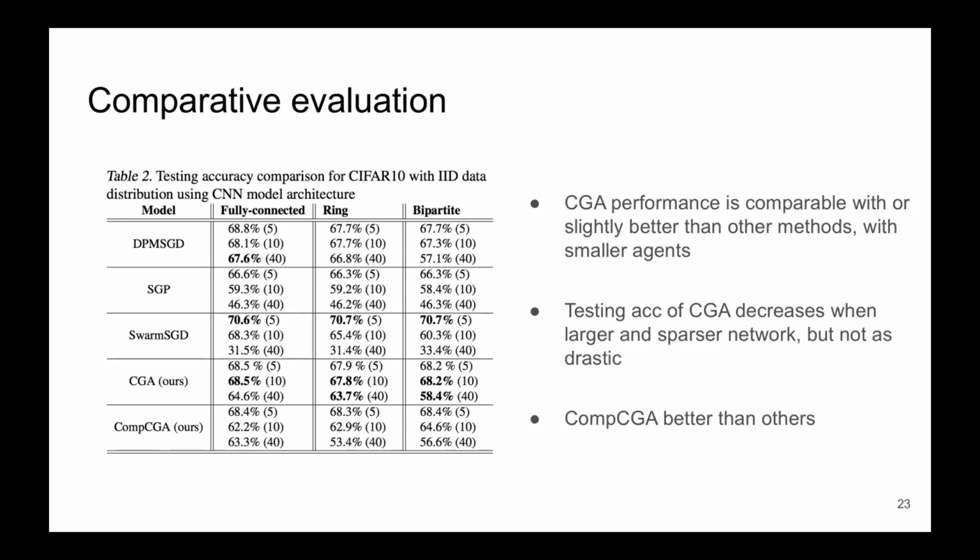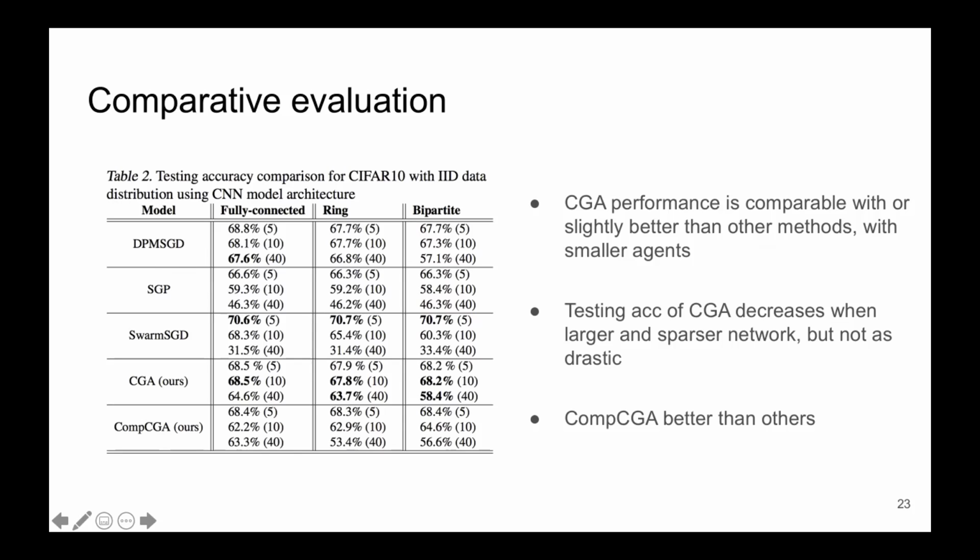The testing accuracy is okay for DPM SGD. CGA is very close to that one. If you see CGA's numbers, it is probably only a 1% increase or something. Yes, you are right, Doctor. DPM SGD also uses momentum. Momentum may be better.